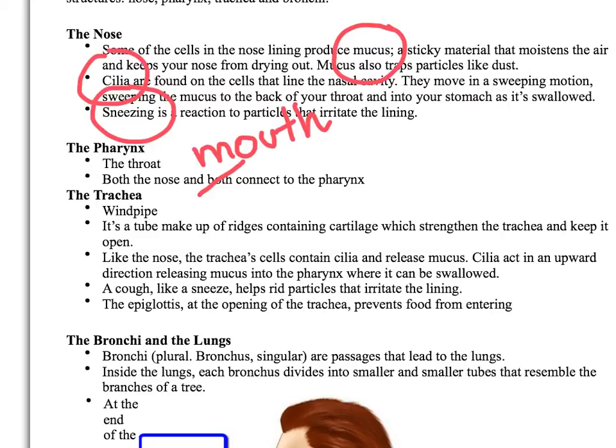Air enters your pharynx, it goes into the trachea. And it's actually made up of rings of cartilage. The purpose of that is to strengthen the trachea, make sure it doesn't collapse, and to always keep it open. And like the nose, the trachea contains cilia that release mucus, and they act in an upward direction to try to get the mucus out of the lungs.